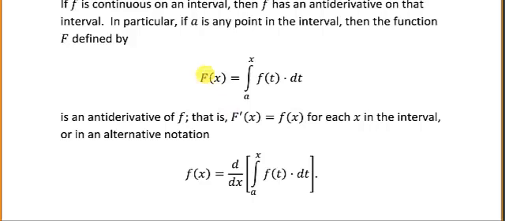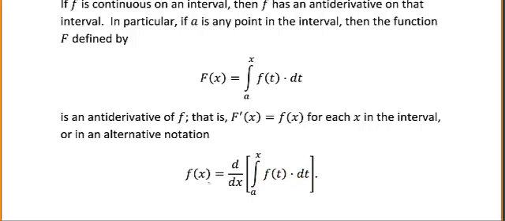In other words, the derivative of capital F is little f of x. So if I differentiate the definite integral from a to x of f of t dt with respect to x, I get little f of x.